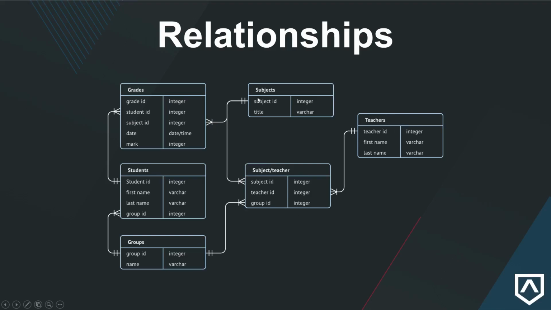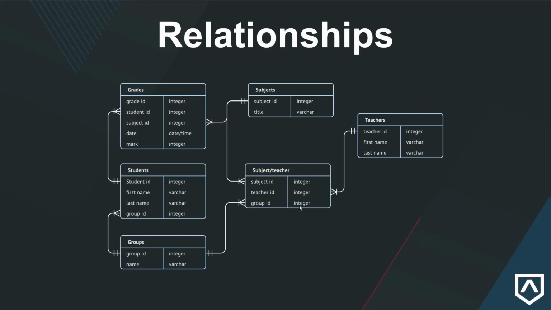A teacher can teach multiple subjects. They can also even teach the same subject to multiple groups. So if teacher 0 teaches subject 1 to group 5, this would just be 1, 0, 5. If they teach subject 1 to group 6, it would be 1, 0, 6. And that's the entry there.